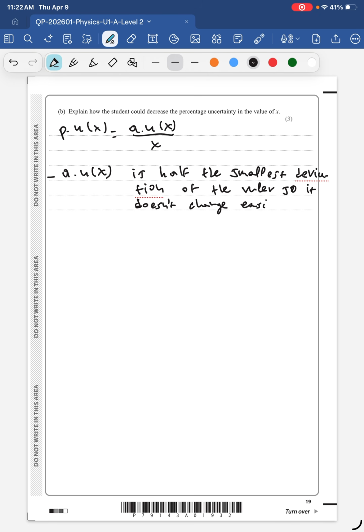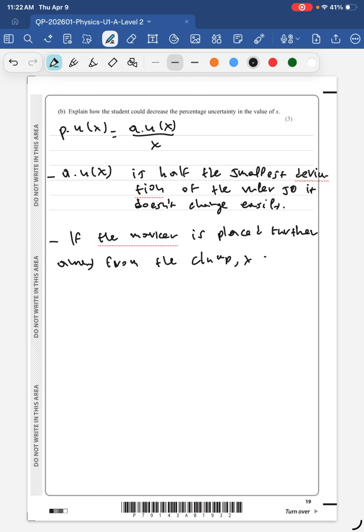Okay. But if the marker is placed further away from the clamp, then x increases. Okay, so if x increases, the percentage uncertainty in x decreases. So that's one way to decrease the percentage uncertainty.